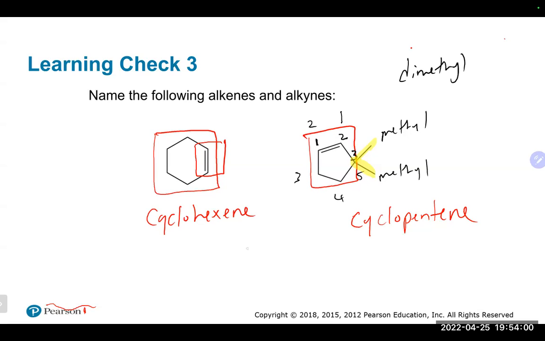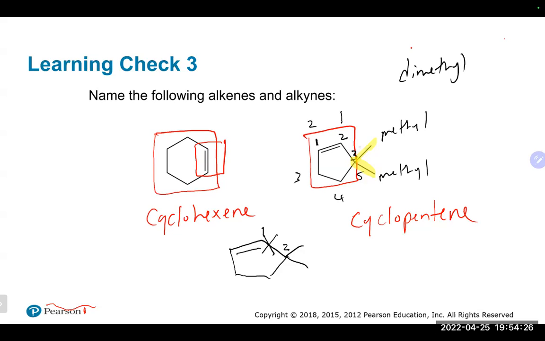Now, in this particular case, I did 1 and 2. Even though you could have gone through the double bond to do that, so we couldn't do that.